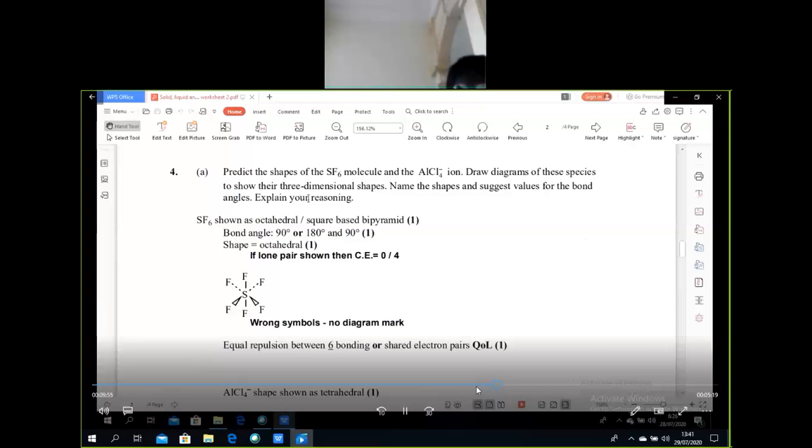We know that SF6 has a shape of octahedral, or square based bipyramid, not square pyramid but square based bipyramid. Two square based pyramids join together to give bond angles of 180 and 90 degrees. So the shape is like this. We know that it has 6 bond pairs and no lone pairs.